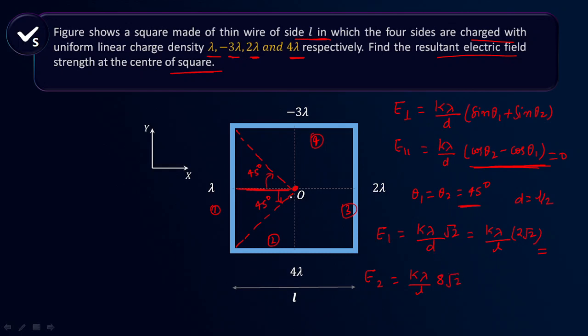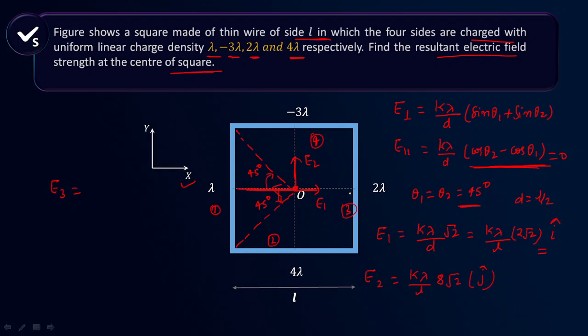Which direction, of course, we have to write. So due to the sign it will be in upward direction. This will be E1. This is E2. Similarly, we can write E3. So again positive charge, so in this direction. So as given x-axis and y-axis, so this is along i cap and this is along j cap, right?